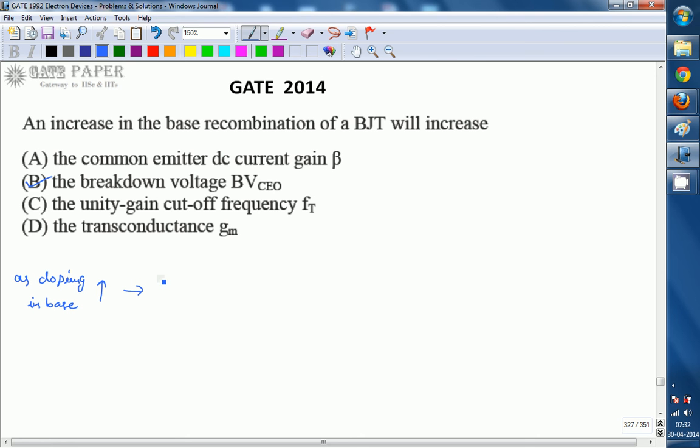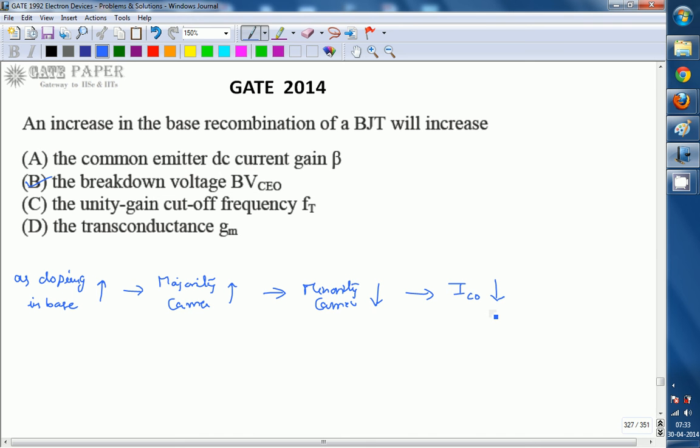Base doping increases means majority carriers increase. That implies minority carriers decrease. Minority carriers decreasing means the reverse saturation current ICO is going to be reduced, since reverse saturation current is only due to minority carriers.